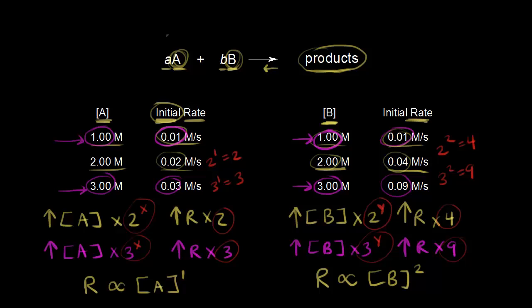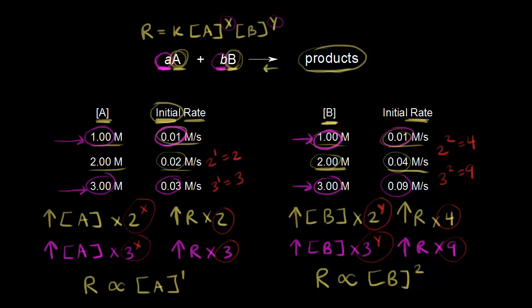If this is your reaction, your general rate law would be R is equal to your rate constant K times the concentration of A to some power, I'll make it X, times the concentration of B to some power, which I will make Y. The reason I'm showing you this is to show you that you can't just take your coefficients and stick them in here. It doesn't work that way. You'd have to know the mechanism of your reaction. So these orders have to be determined experimentally, so you have to look at your experimental data.